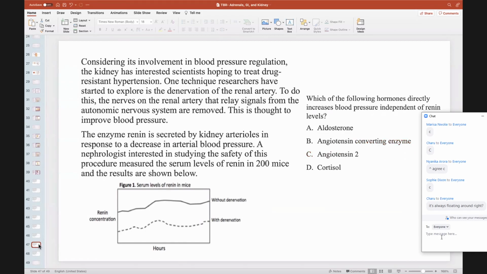Then last question. Which of the following hormones directly increases blood pressure independent of renin levels?